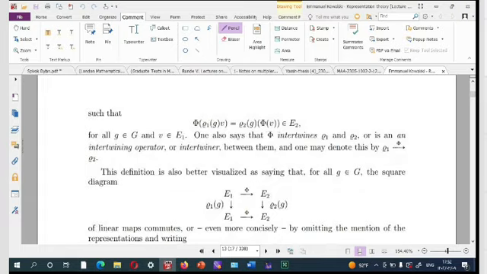This equality is represented in a diagram.